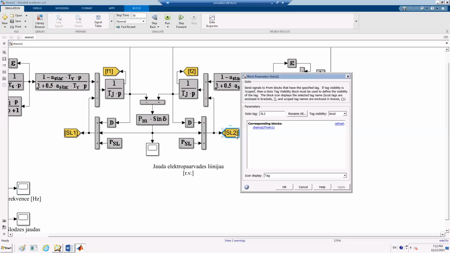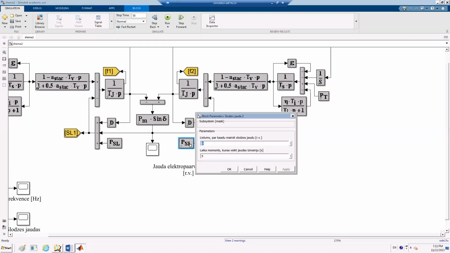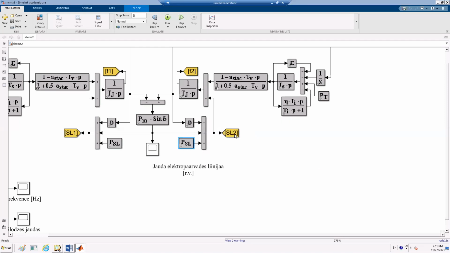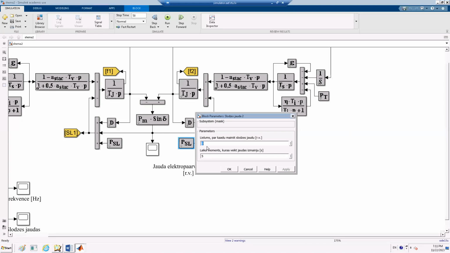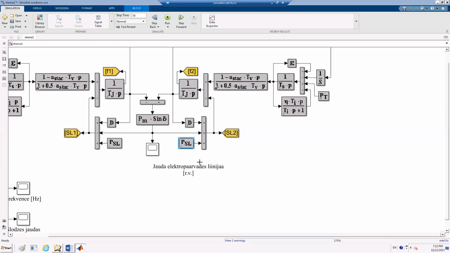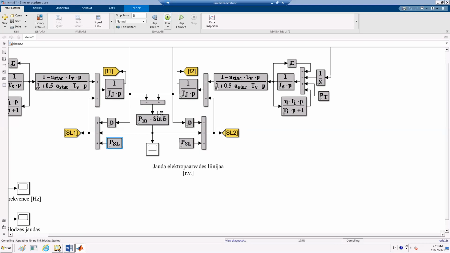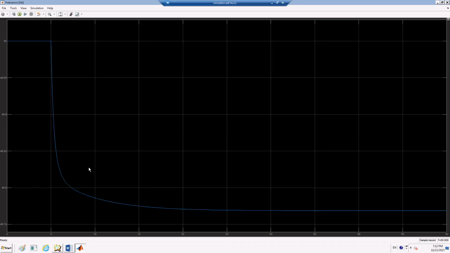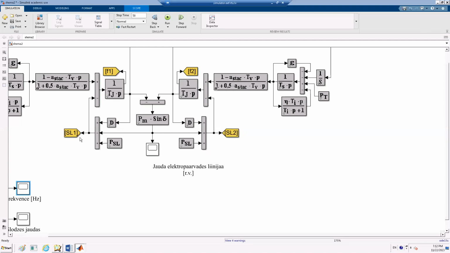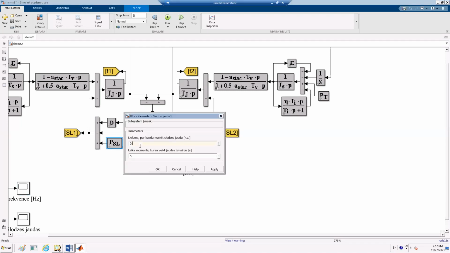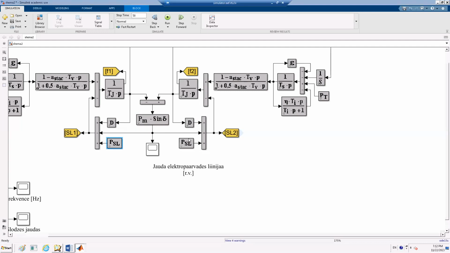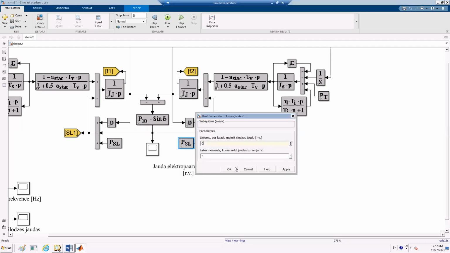For example, if we put here, this is a load, but this is a deficit. If we put an equal deficit of 0.1 here and here, and all is symmetric, we will see the symmetric situation. But when we have an asymmetric system, we have a deficit here and nothing here.